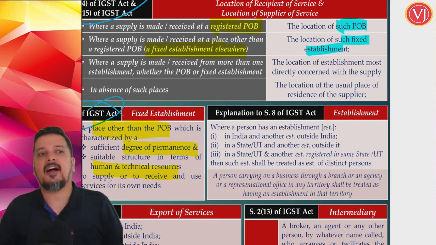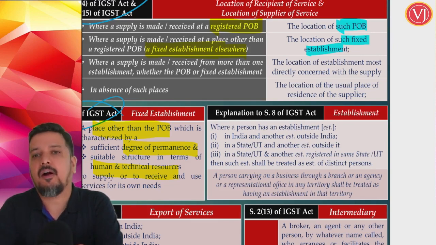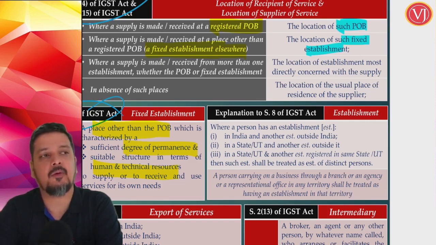Now assume that I am the supplier of services located in multiple places. I have my branch in Delhi, I have my branch in Bangalore, I have my branch in Coimbatore.